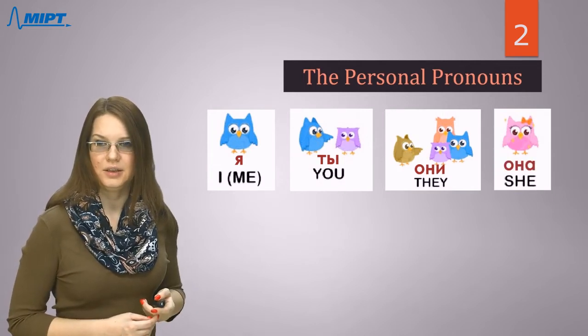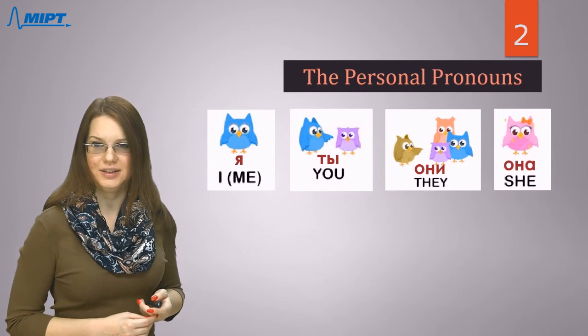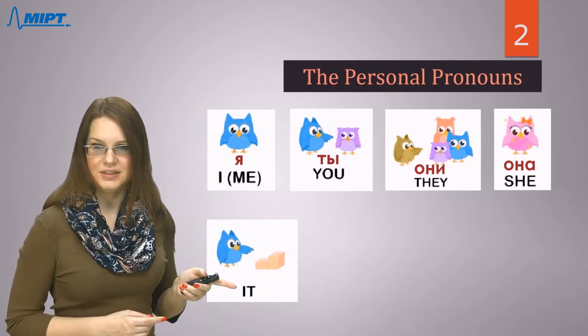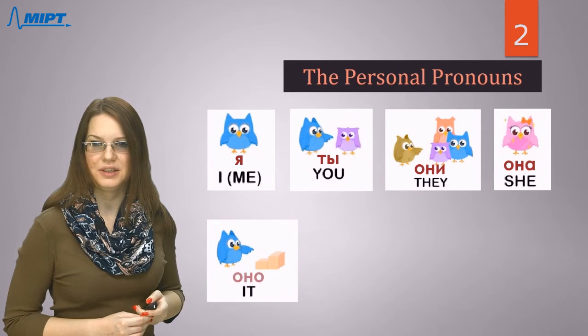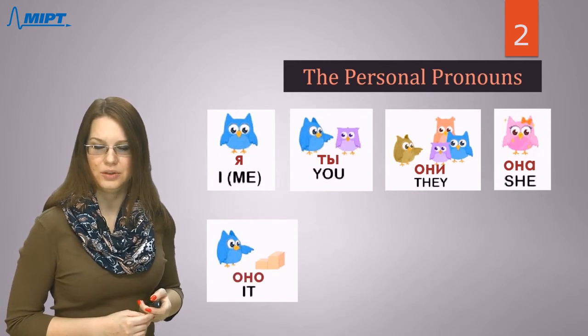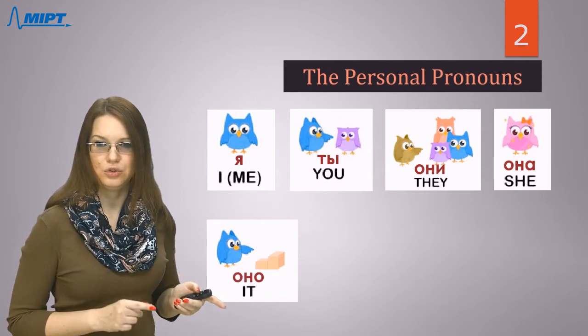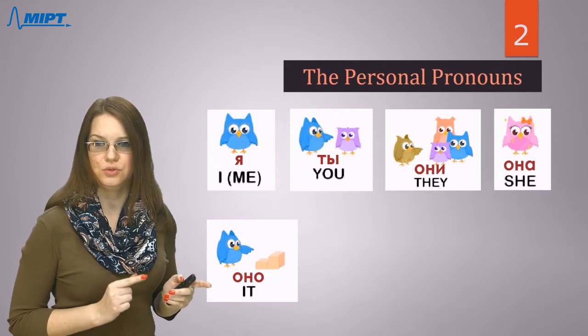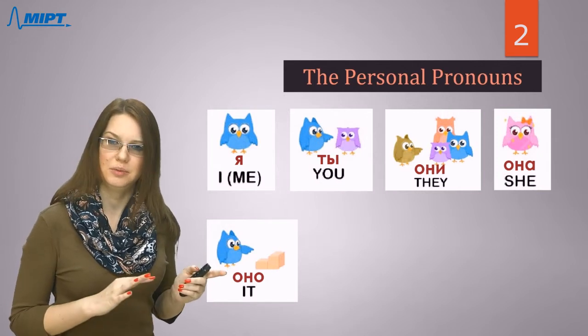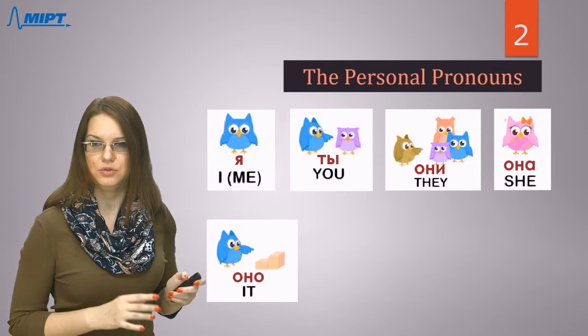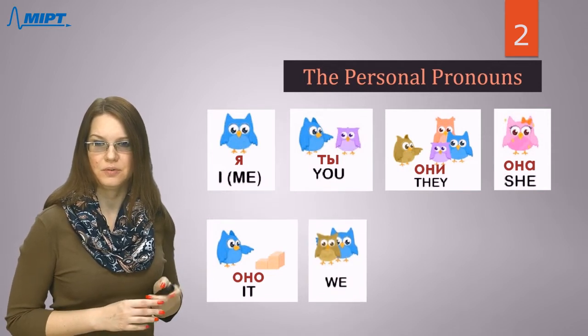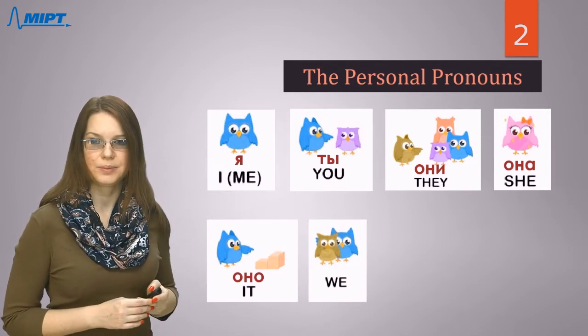Она. It, you will say оно. Usually we use оно, I told you, for nouns which are inanimate. Not always, but usually it works like this. For some objects, I mean, or things.